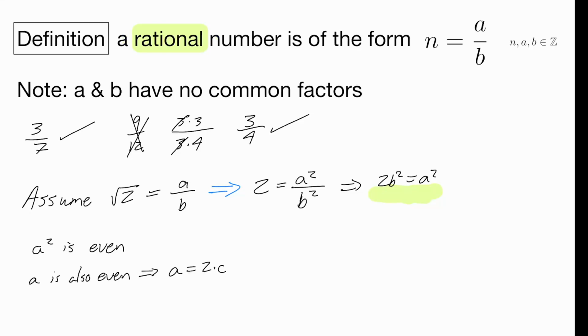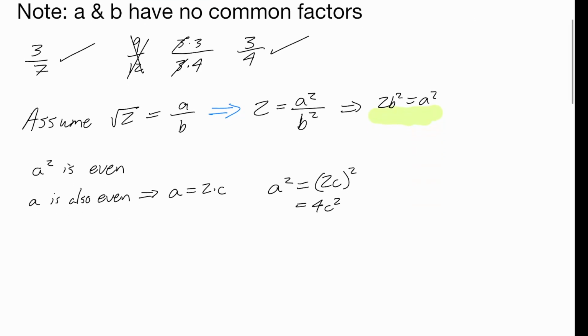So a squared is going to equal 2c squared, which is going to equal 4c squared.